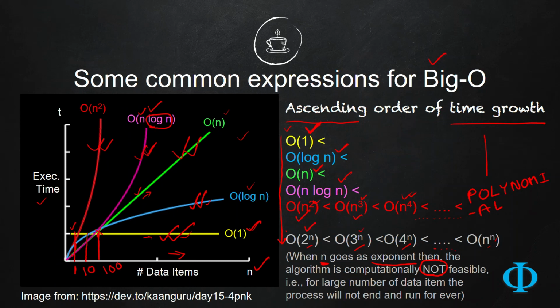So do not judge an algorithm by the time taken for a small number of data items. Rather, you have to always think about larger numbers of data items and how the time is growing over that.